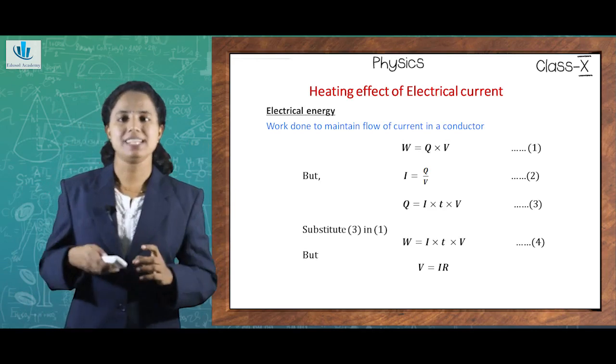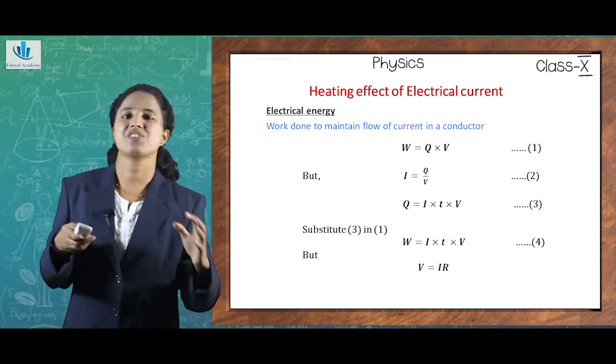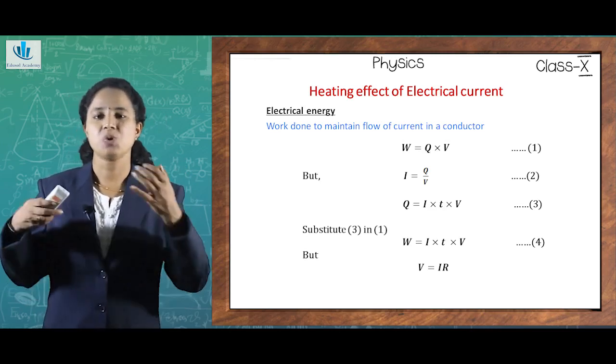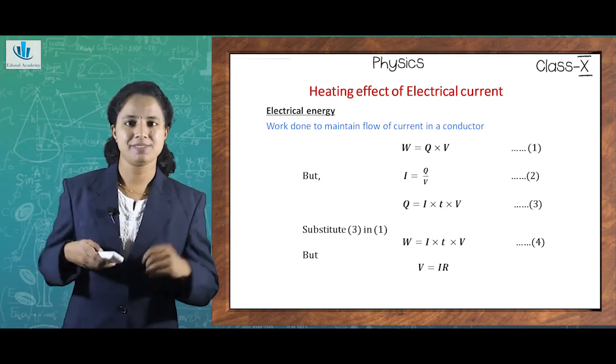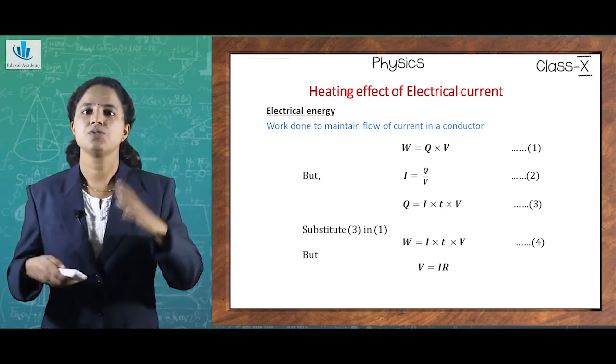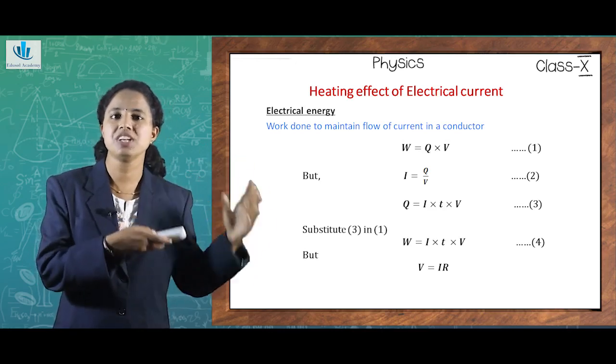So, we can say the work done to maintain the flow of current in a conductor is the electrical energy. We have already stated W equals Q into V, isn't it? That is the work done to move a charge Q across a potential difference.